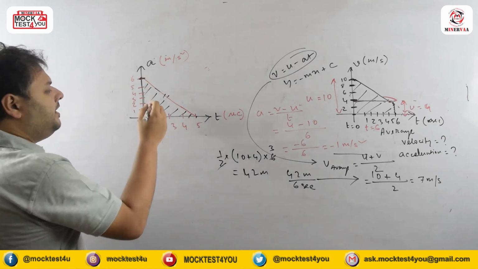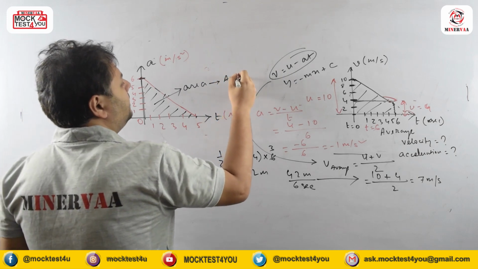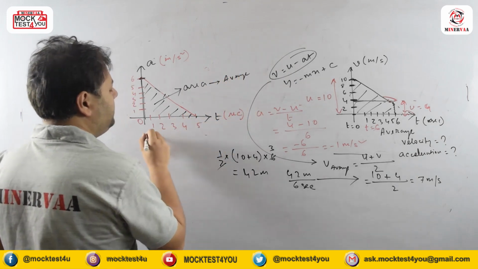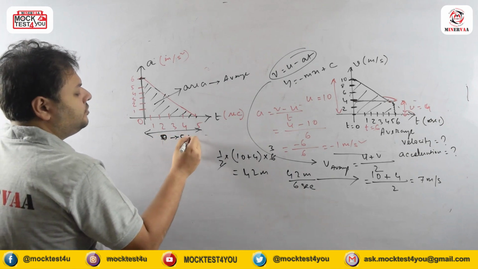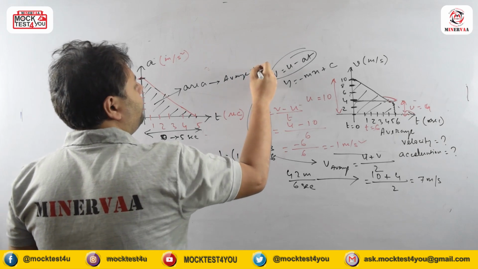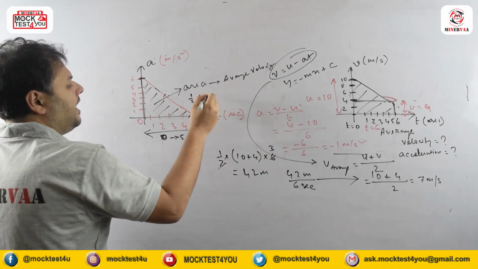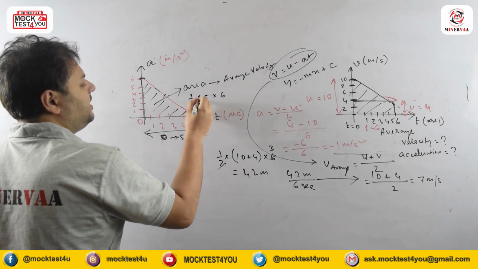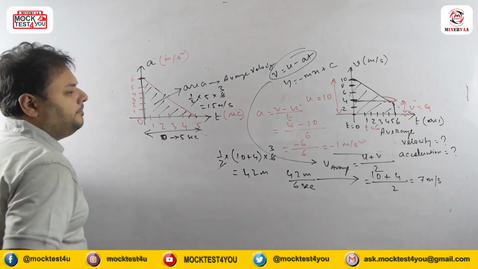So here if I can get this area, that will give me the velocity in this time interval of 0 to 5 seconds. So this is very, very important, that this area will give me the velocity from this acceleration time graph. So it is half into 5 into 6, so it has to be 15 meter per second.